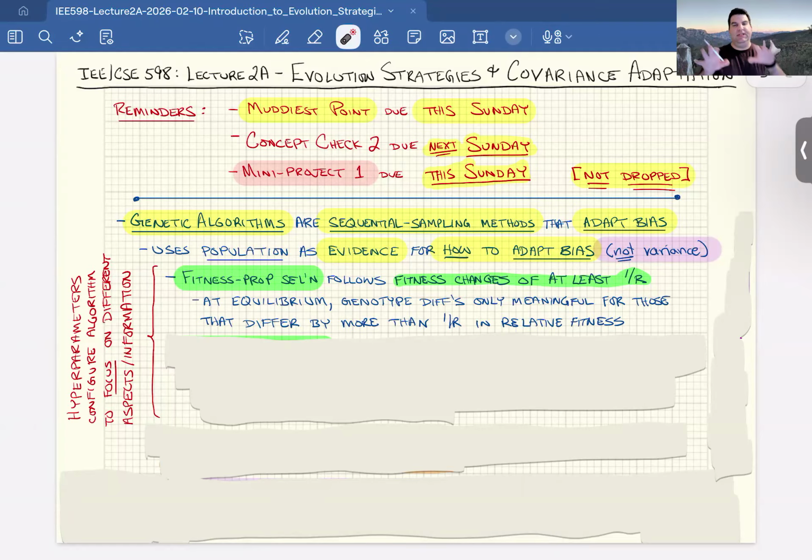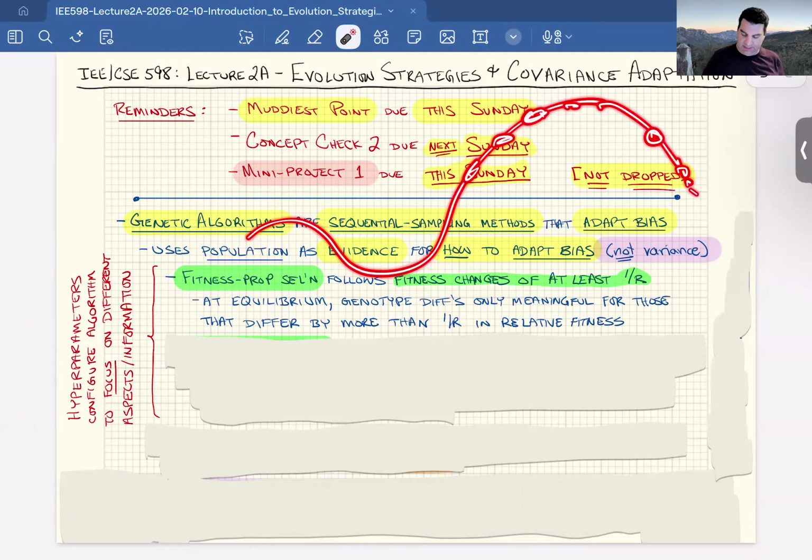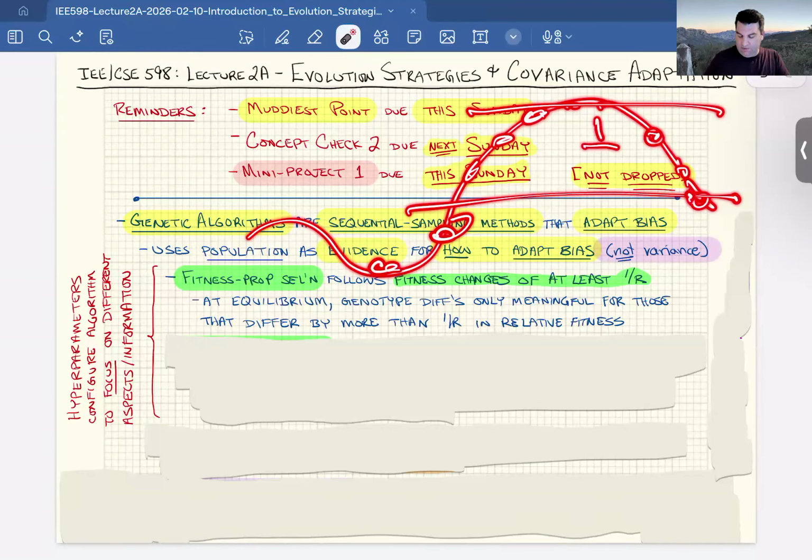If you're sampling a region of the fitness landscape, and you have a bunch of samples going all over this landscape, then any fitness differences inside of a 1 over R band of relative fitness, relative to the average fitness of the whole population, end up not being seen. You lack the sensitivity to follow variations smaller than that.